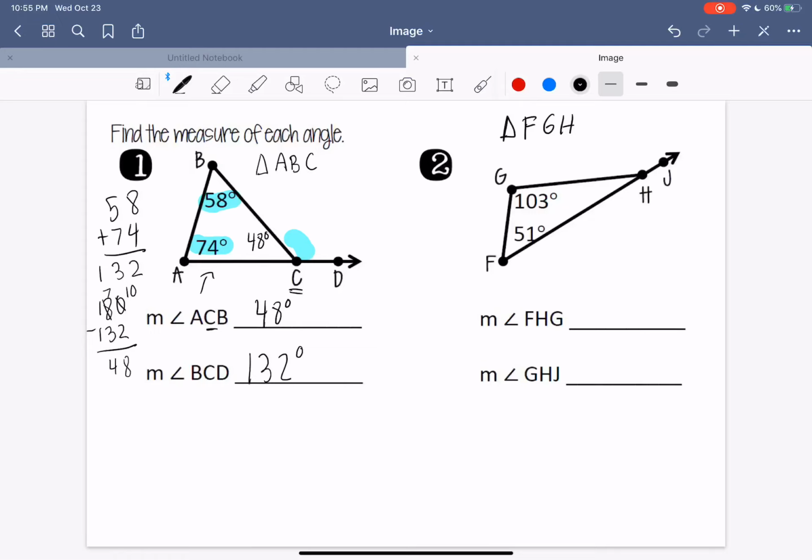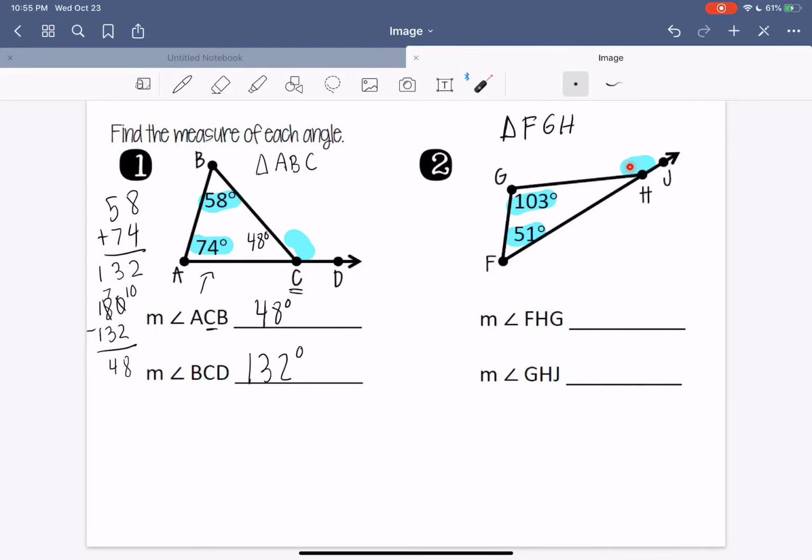And so we know that the exterior angle states that the measure of an exterior angle, so the exterior angle right here, is equal to the sum of its remote interior angles.